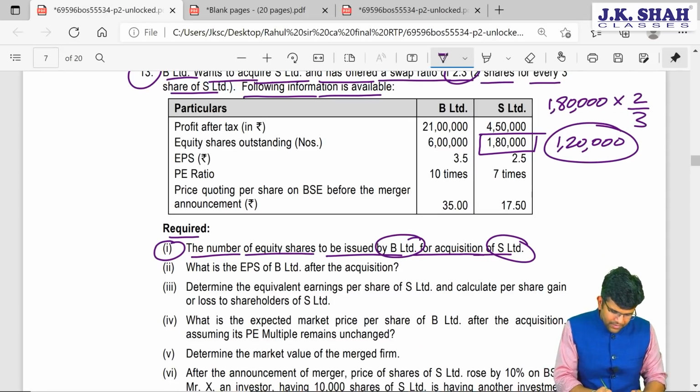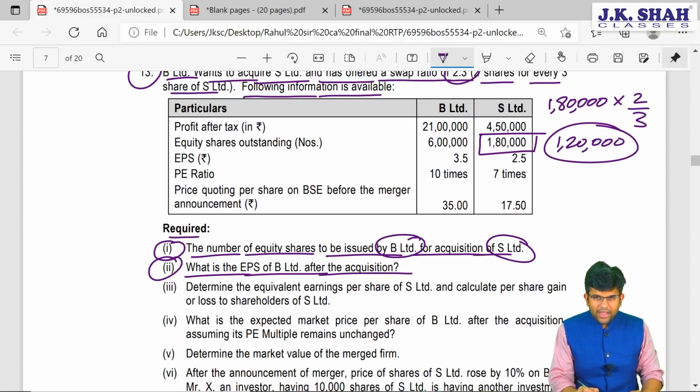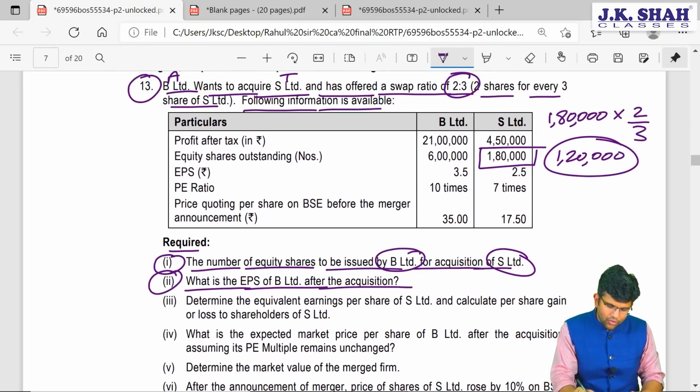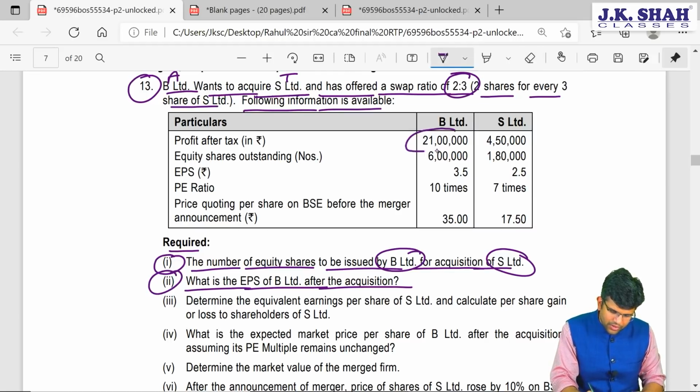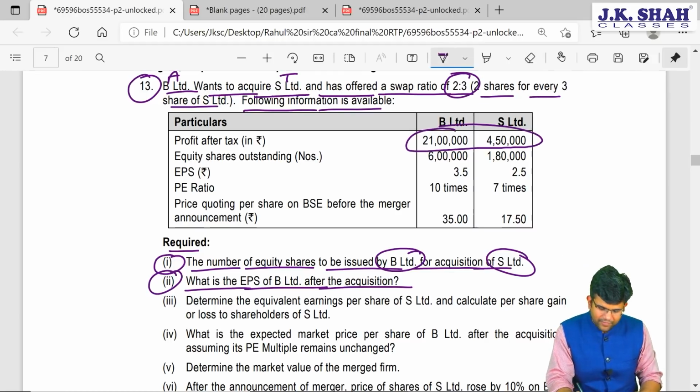Point number 2, they are asking what is the EPS of B after the acquisition. So children, they are asking you after acquisition what will be the earnings per share of B Limited. Post merger earnings will be 21 lakh plus 4,50,000 assuming no synergy, so this is 25,50,000.